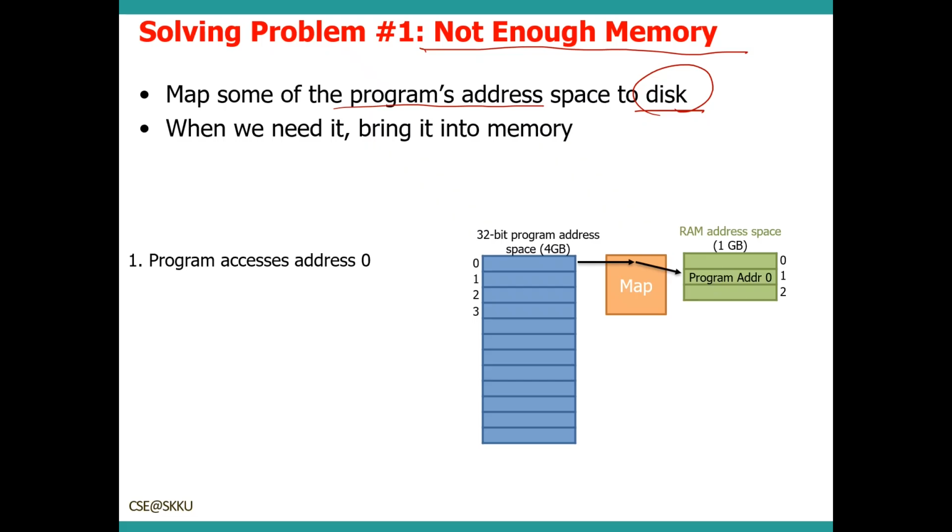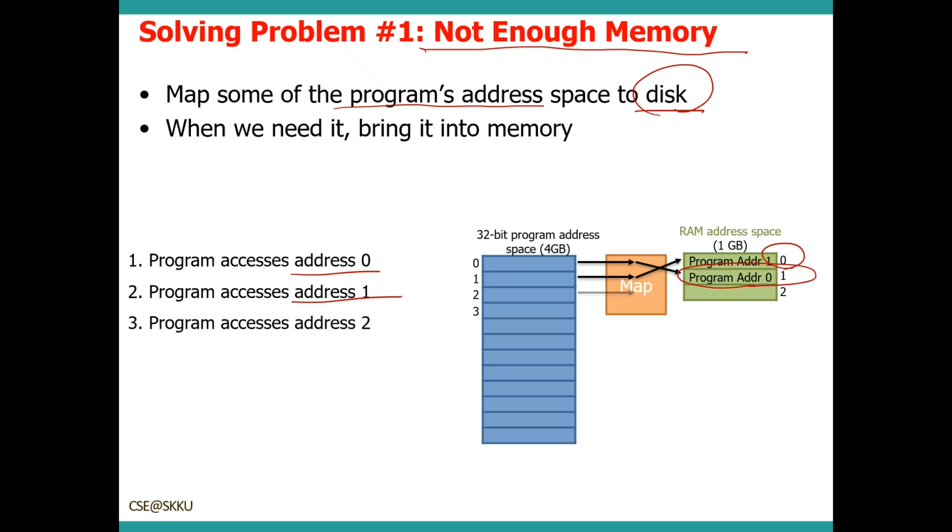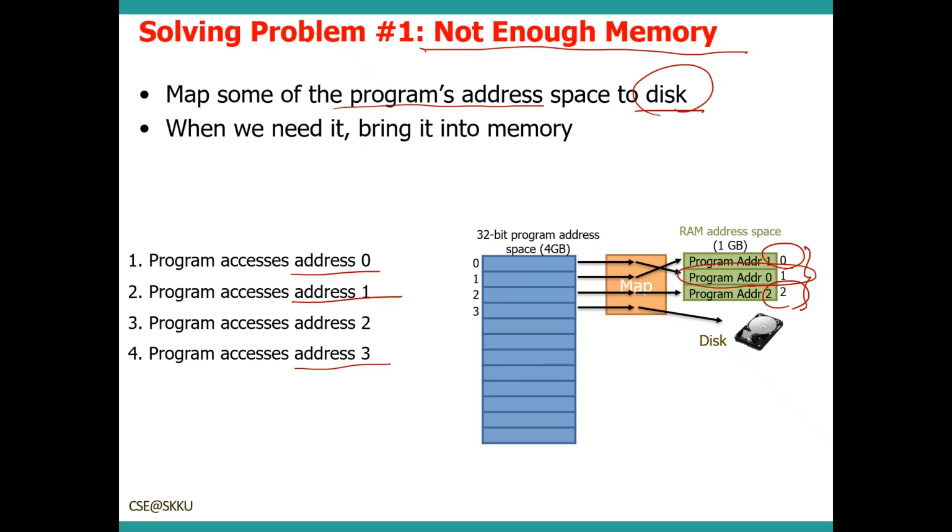For example, if a program accesses address 0, it is mapped to physical memory. Address 1 is mapped to physical memory. Address 2 is also mapped to physical memory. But if a program stores some data at address 3, we cannot allocate physical memory. There is no free space here, so the memory is mapped to disk.